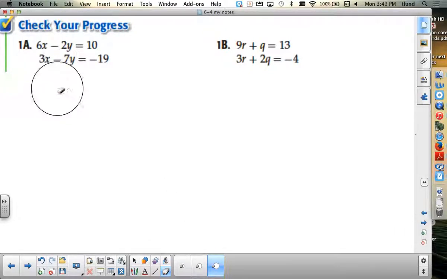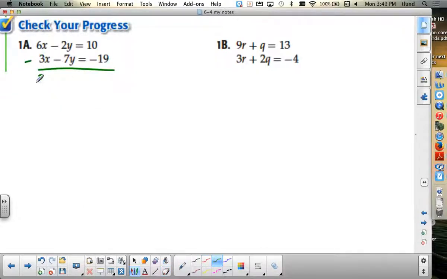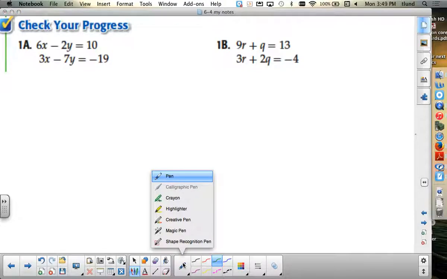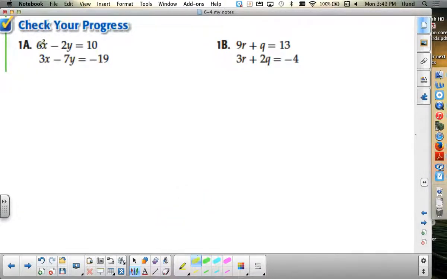If I just try to subtract the two equations, I'd get 3x plus 5y equals 29. And again, I still have an x and a y, so neither of the variables are canceling out with addition or subtraction. Again, that's happening because we don't have opposite coefficients on the x's or on the y's.